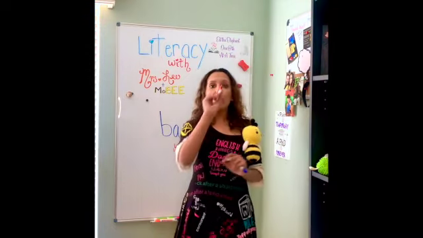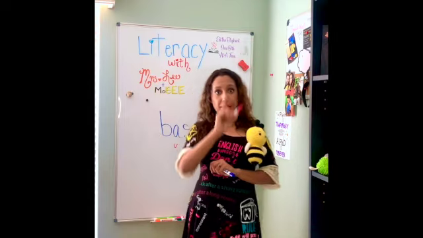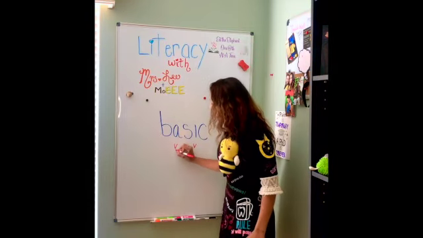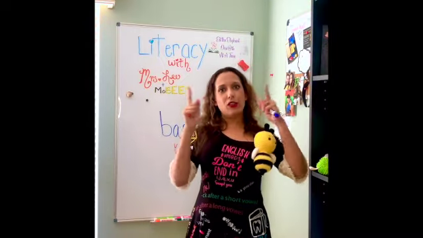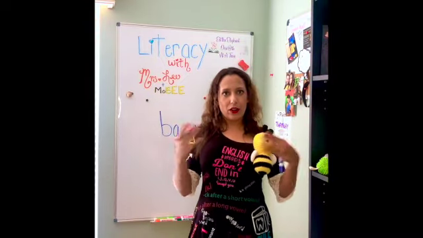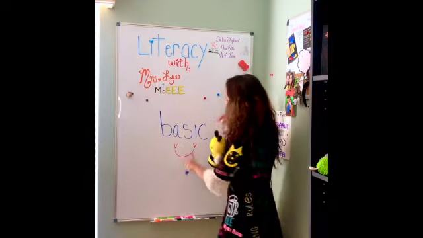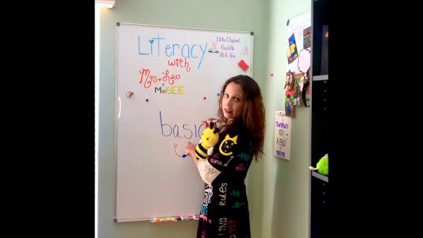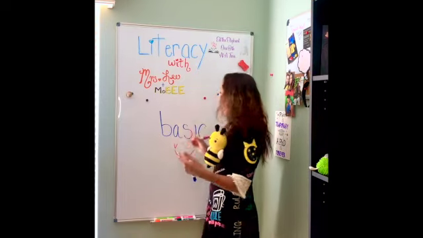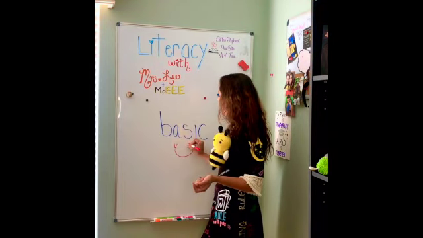Next step is we're going to bridge in between the vowels. We're going to connect them. And now we're going to look in between those vowels to see what kind of letter we have. So in between our 2 vowels, we have an S. Is an S a consonant or a vowel? Good, S is a consonant. So because it's a consonant, I'm going to label it with a C.